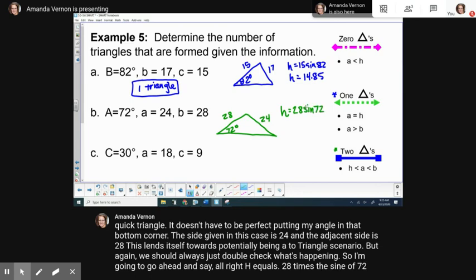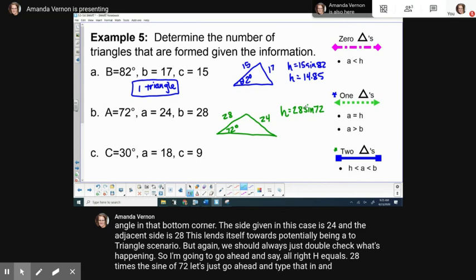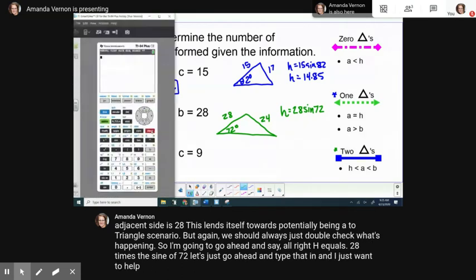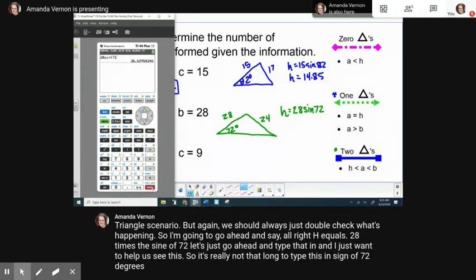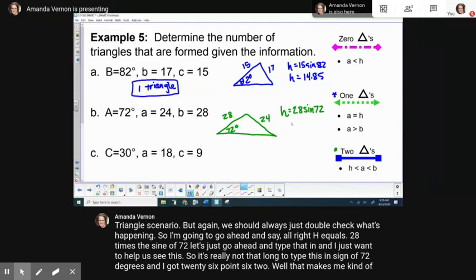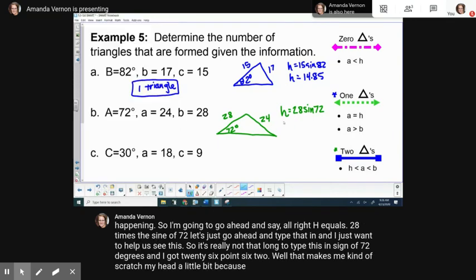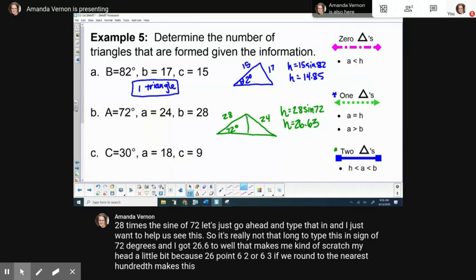Let's just go ahead and type that in, and I just want to help us see this. So it's really not that long to type this in. Sine of 72 degrees, and I got 26.62. Well, that makes me kind of scratch my head a little bit because 26.62 or 63, if we round to the nearest hundredth, makes this height too high.